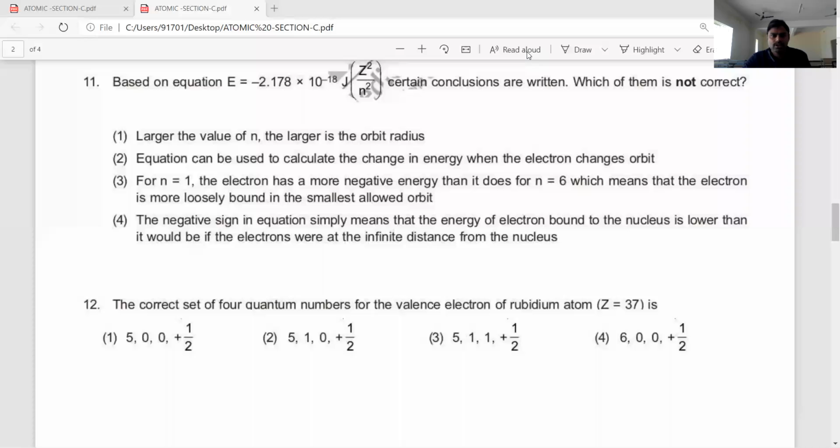See, in this question the energy value is given in joules: minus 2.178 into 10 to the power of minus 18 into z square by n square. They ask which of the following statements is not correct.